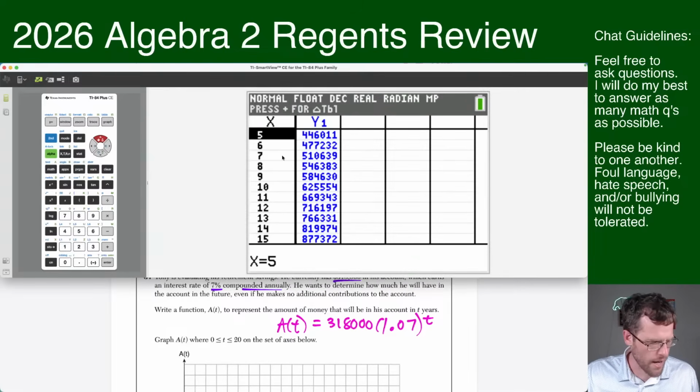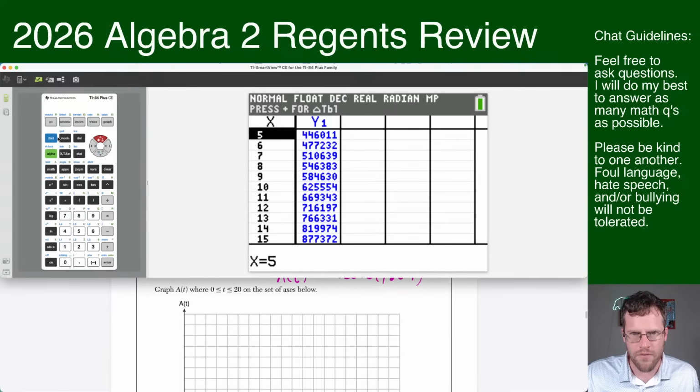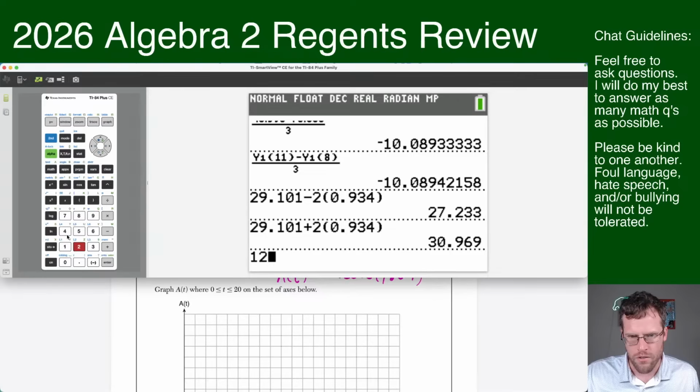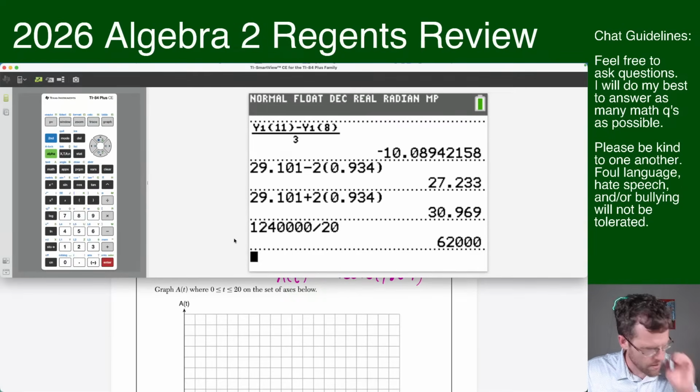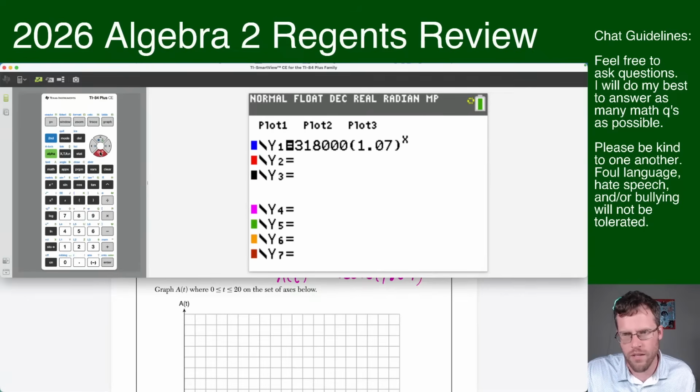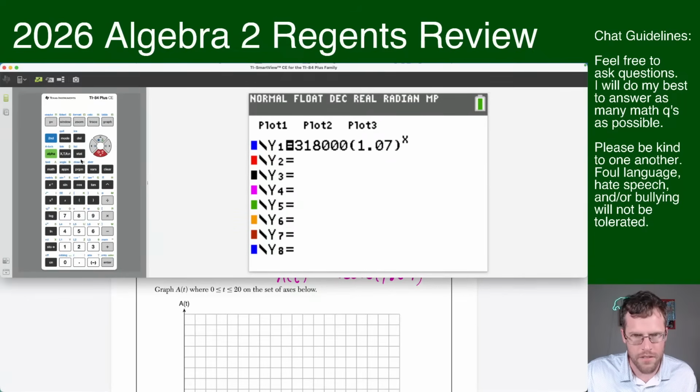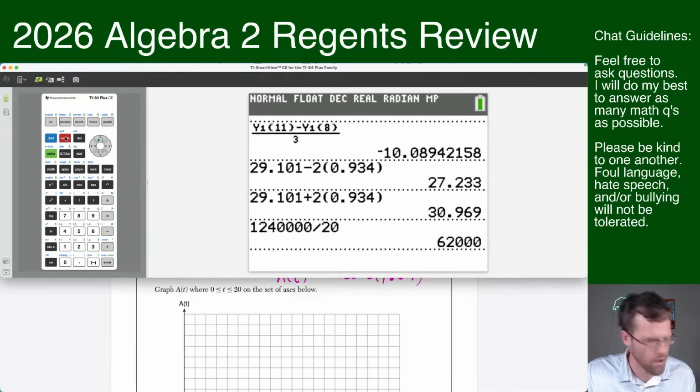So what I did was, if I go up to 1,240,000 and it's 20 spaces, I divided 1,240,000 by 20 and got 62,000. Then I graphed the line, 62,000 here.